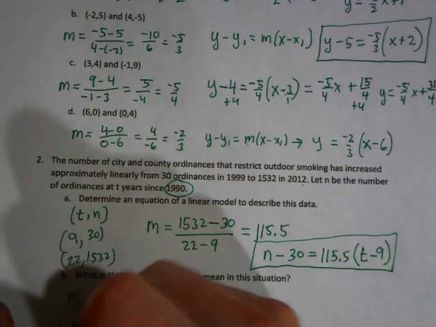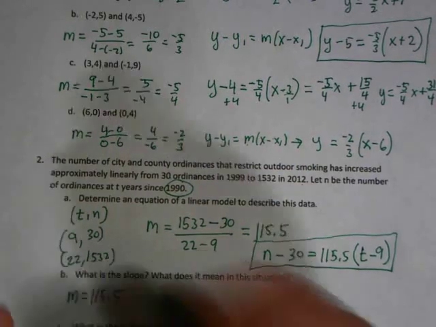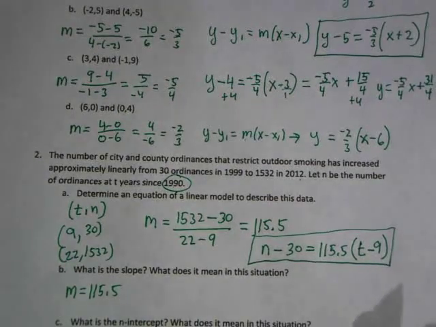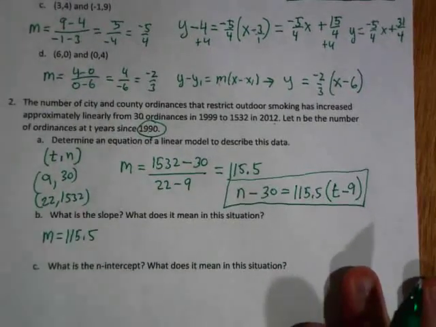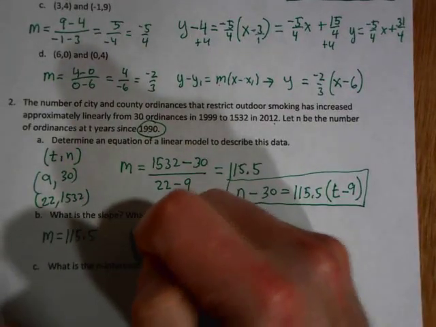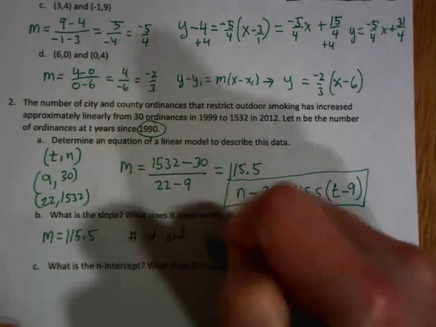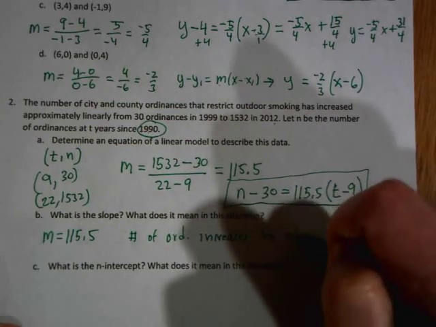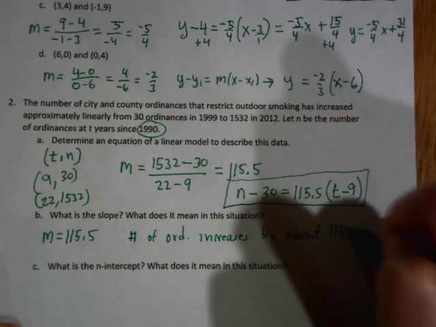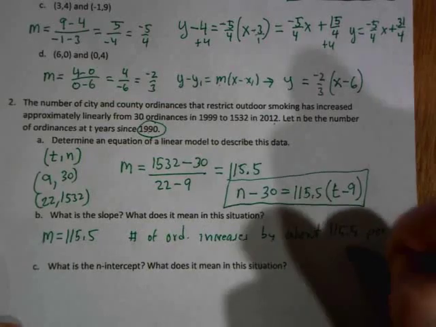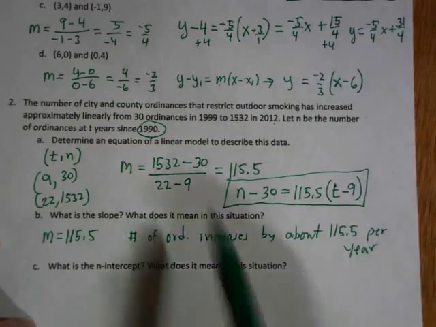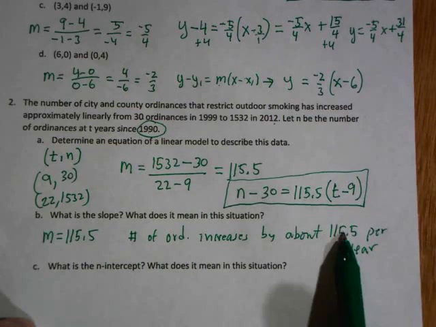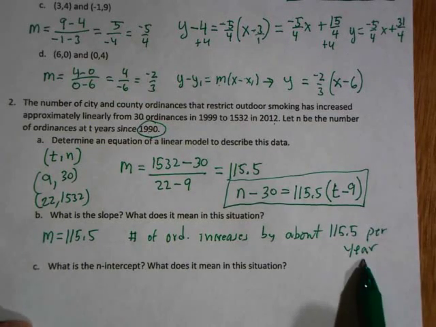The slope was 115.5. What does it mean? Well, it means exactly the same thing it did last time. It means that the number of ordinances increases by about 115.5 per year. And again, if you look at how we found slope, it was ordinances divided by year. So that's why it's 115 ordinances per year.